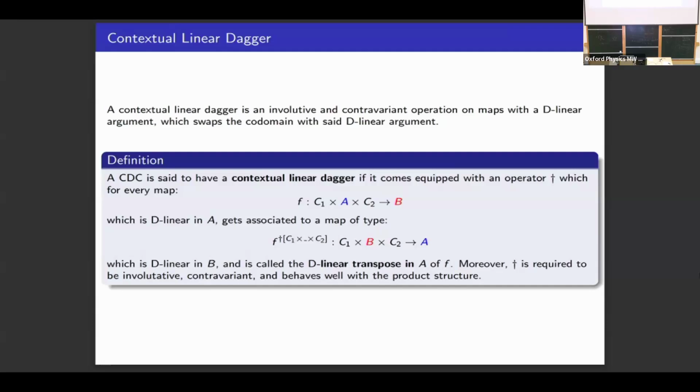I now obtain a map where the context is untouched, but the B and the A swap places. This operation is asked to be essentially a dagger: it has to be involutive, it has to be contravariant, and so on, and also play well with the product structure. I'm going to call this map the D-linear transpose.